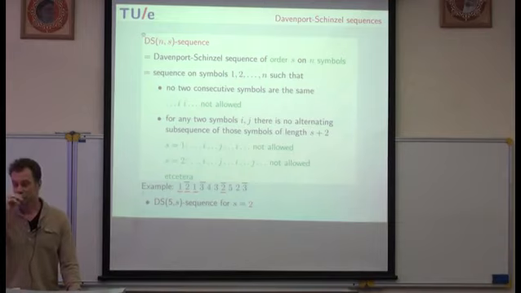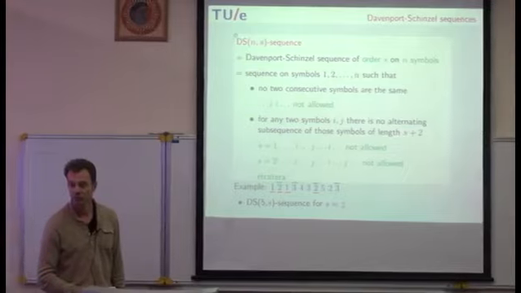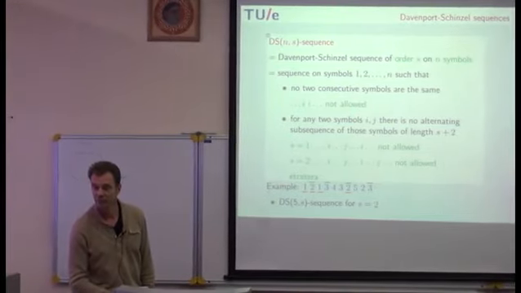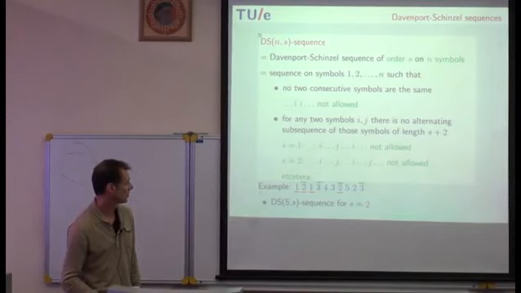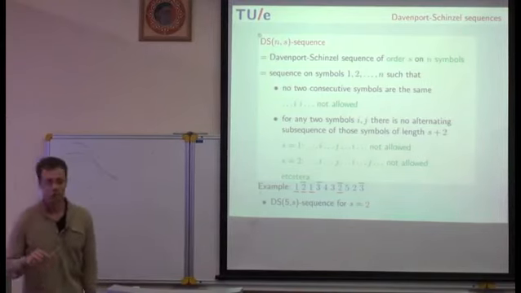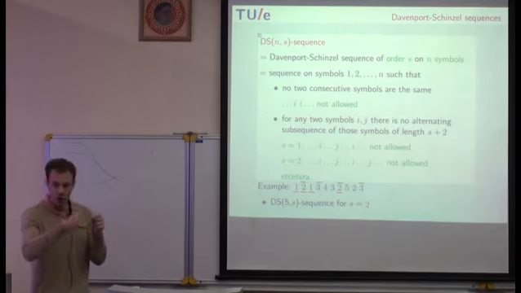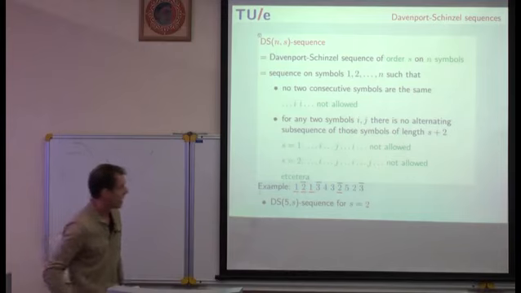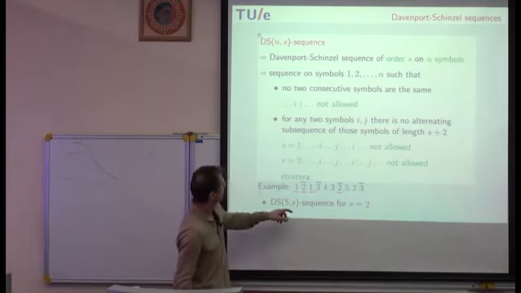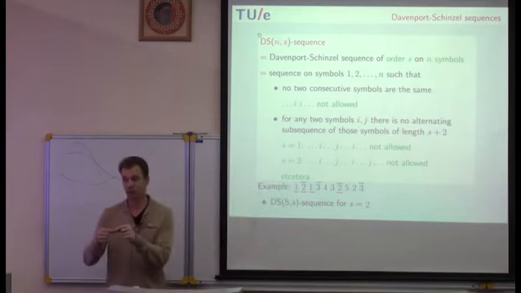What I'm saying is that the longest alternating sequence has 4 symbols.